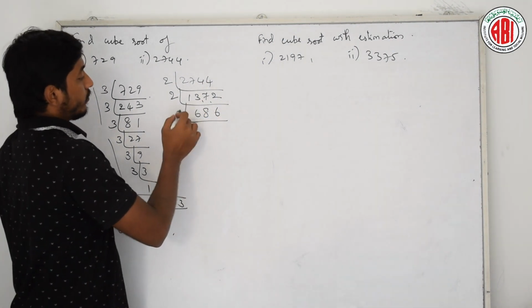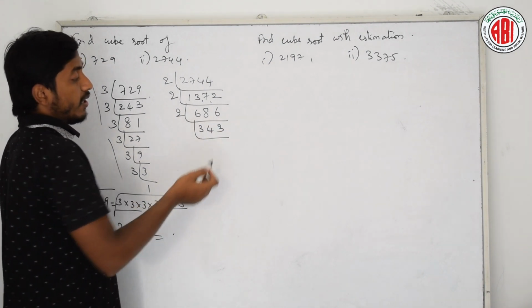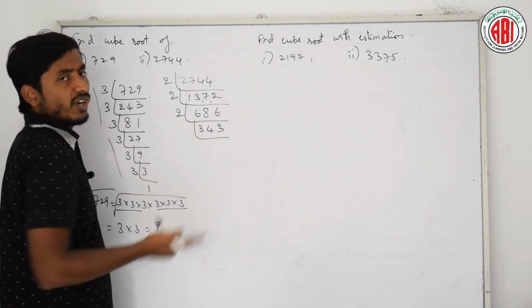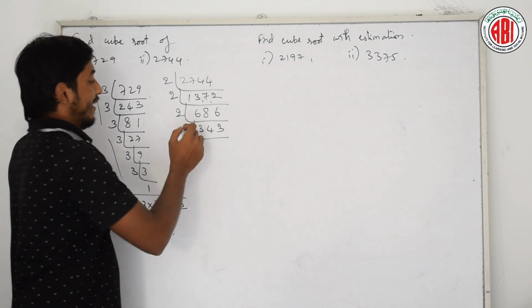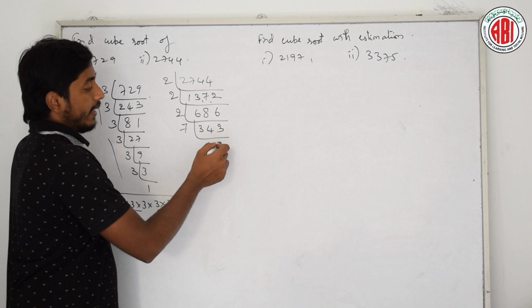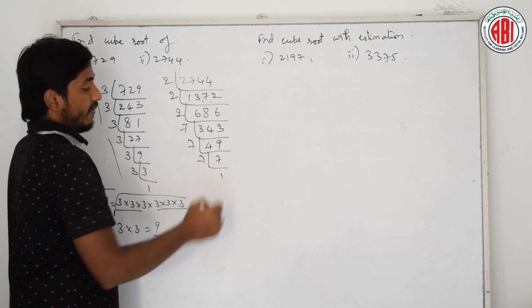Again one more. 2 3s are 6, 2 4s are 8, 2 3s are 6. Again 343. In which table does it go? 3 plus 3 is 6, 6 plus 4 is 10. No, right? It goes in the 7 table. 7 4s are 28 and 7 9s are 63. 7 7s are 49 and 7 1s are 7.